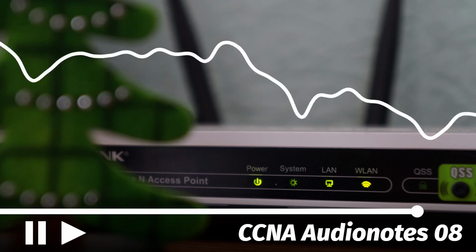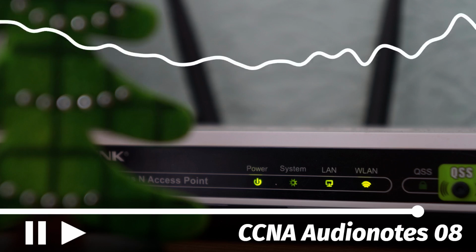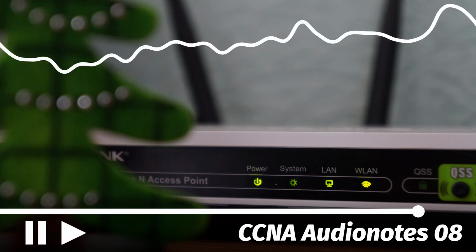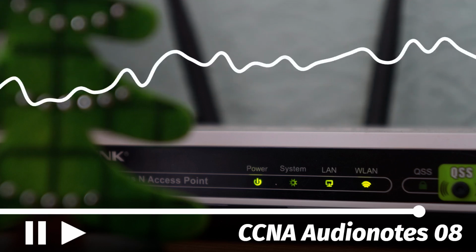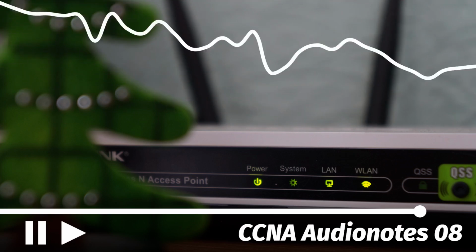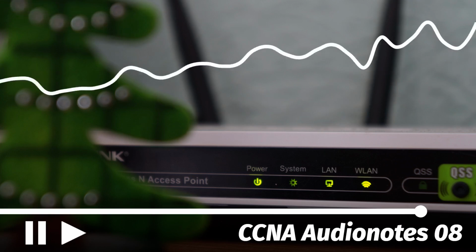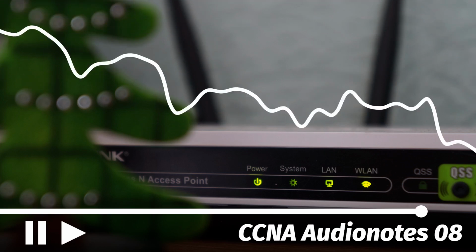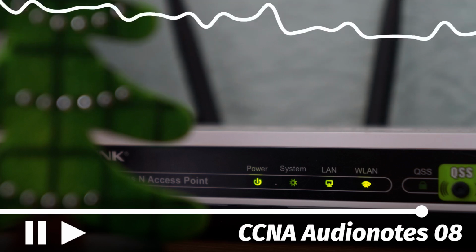The named access list comes with several benefits over the numbered access list. The first benefit is that it is self-explanatory. That is, instead of using numbers, we use names, which makes it easier to remember the reason behind blocking the traffic.